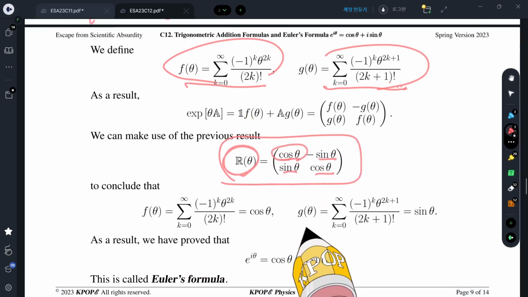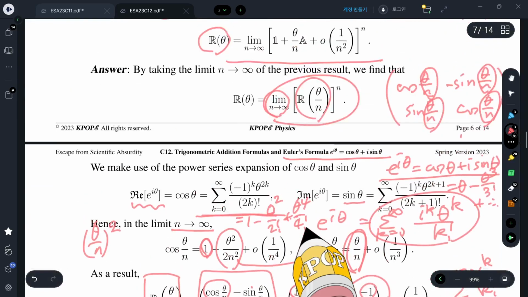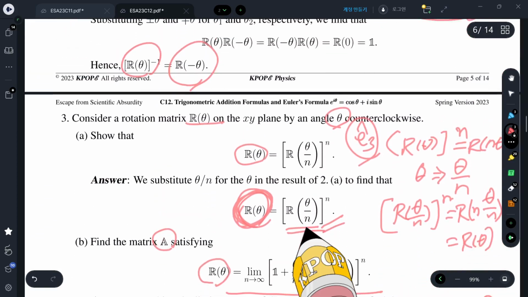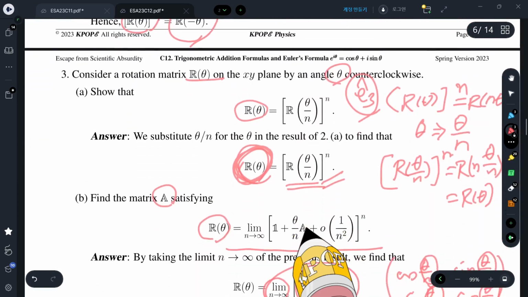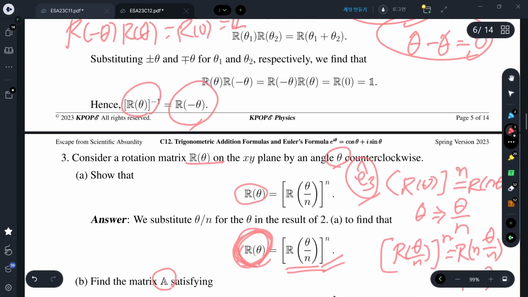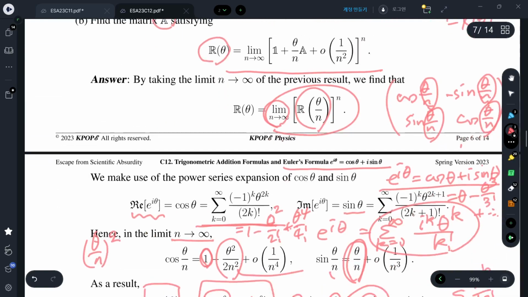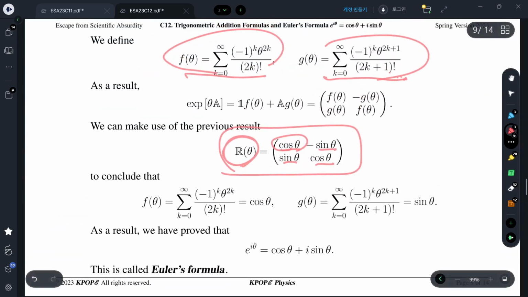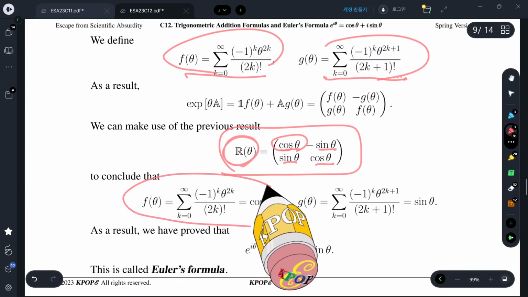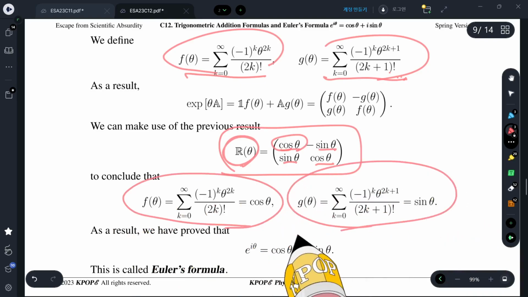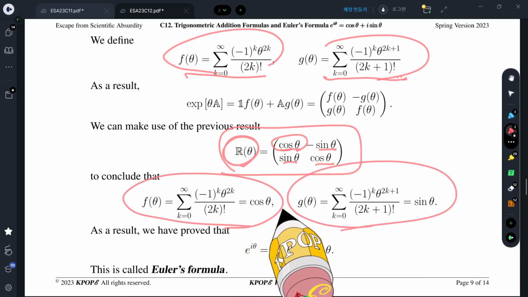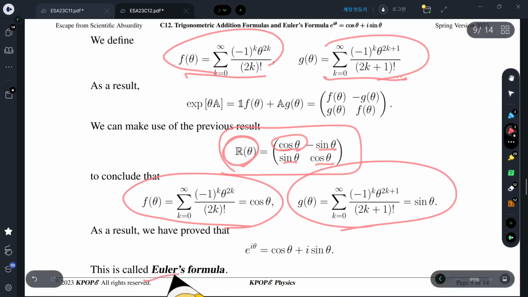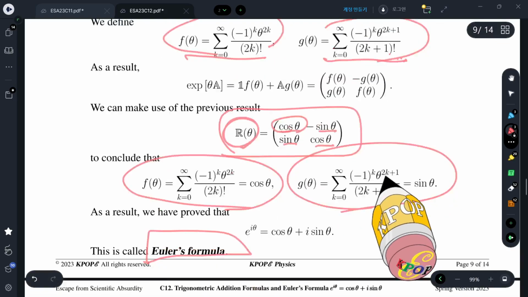Therefore, at the beginning, we thought we were making use of this. However, without that assumption, what we have found from the rotation matrix, I can even verify that these are cosine and sine. So it is a remarkable result by Euler's formula.